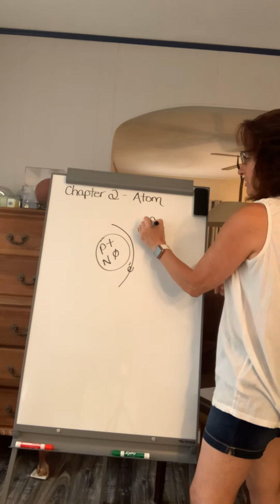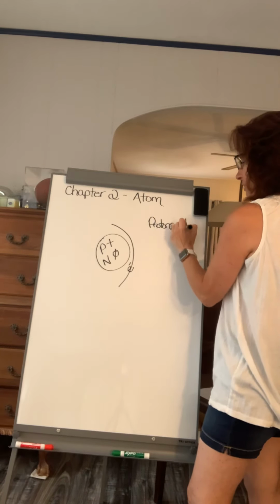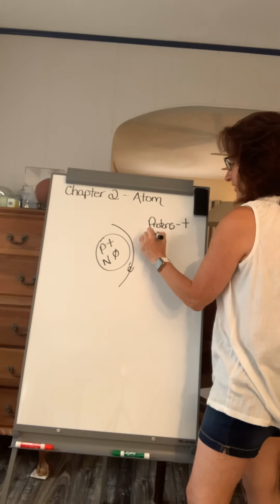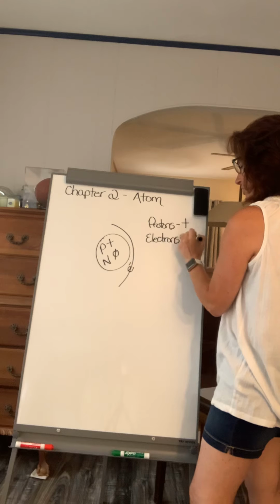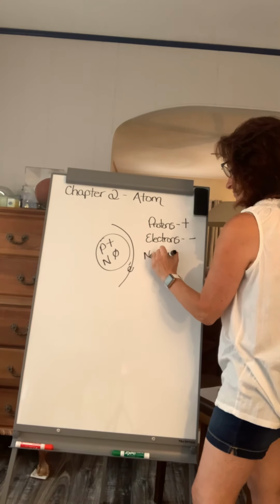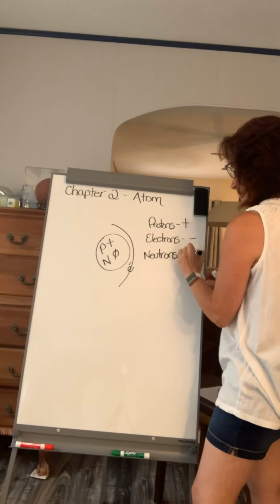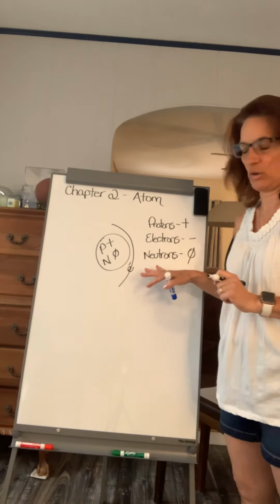So protons are positive, electrons are negative, and neutrons are neutral. Right? These are your three subatomic particles.